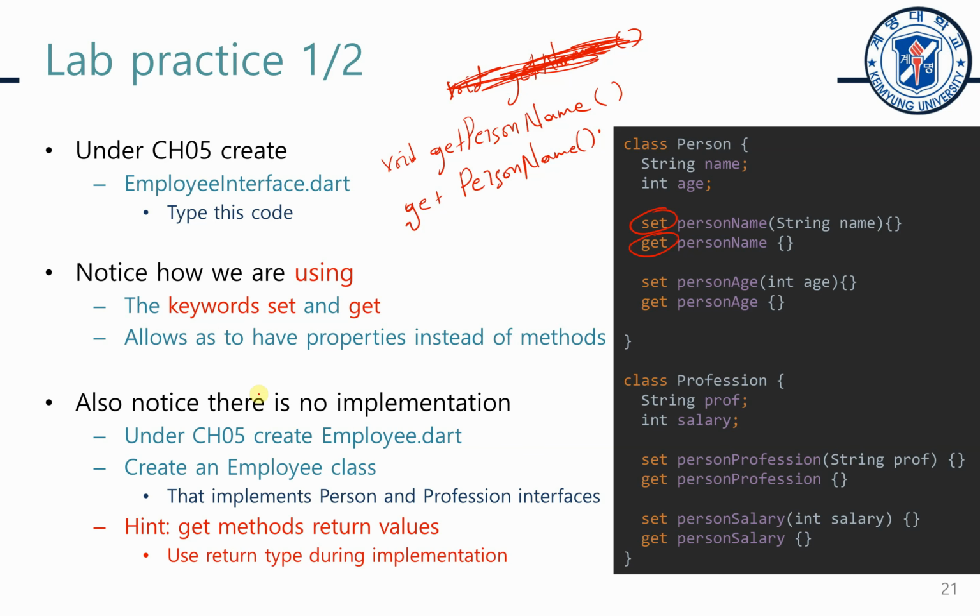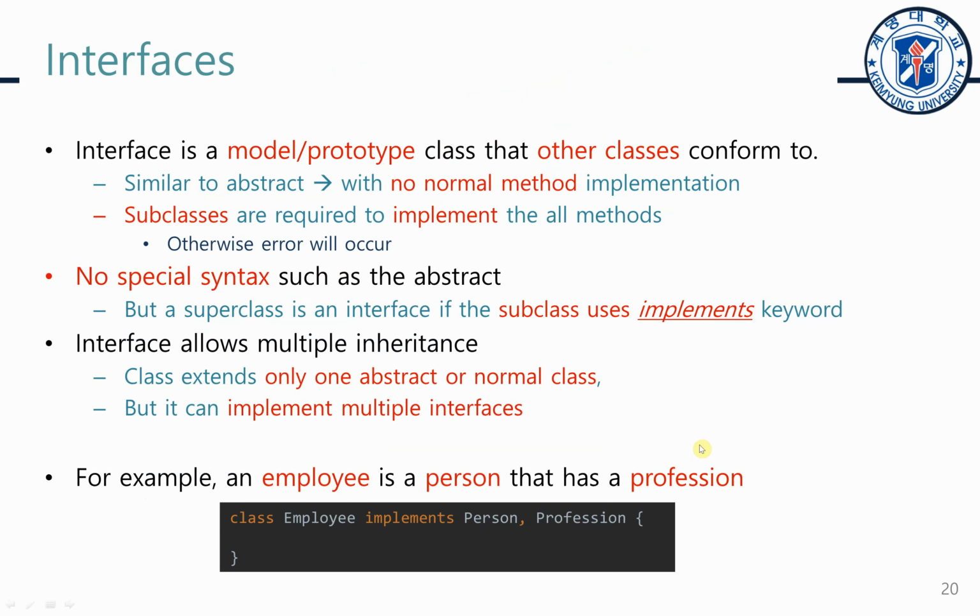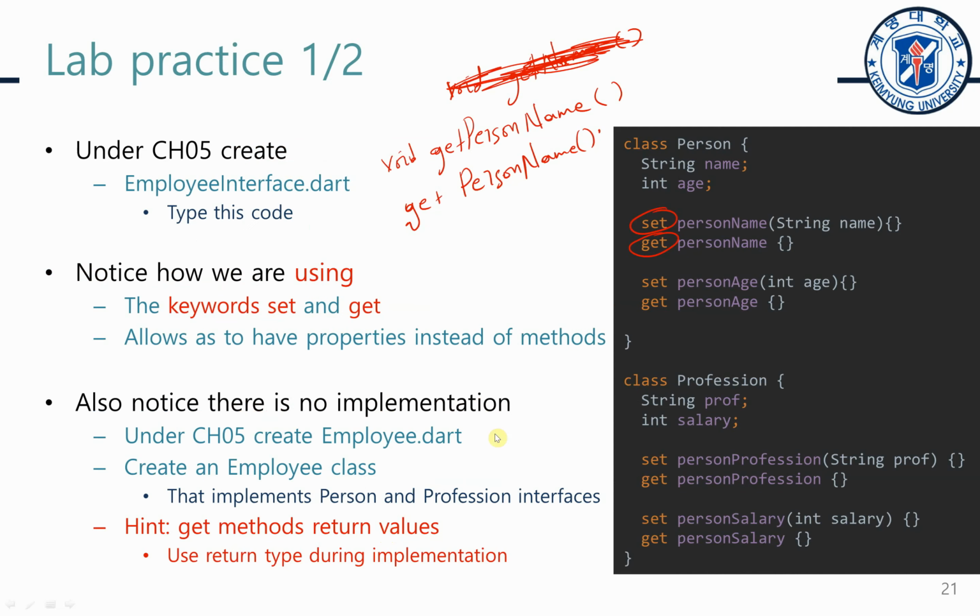So this is for your lab practice. The Employee interface is given to you. You have been given such kind of interfaces, and then you should have a class such as this class Employee that implements Person and Profession, and each method is implemented in the Employee class.